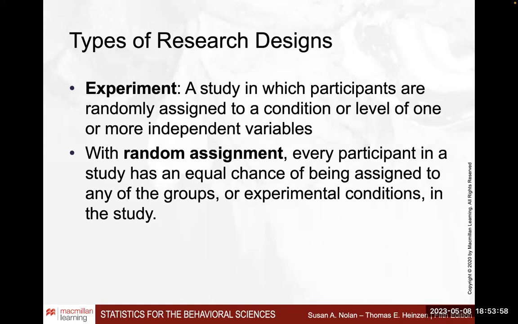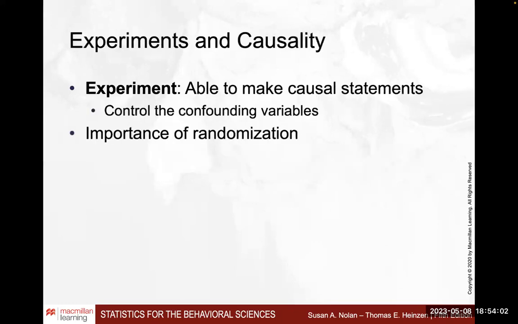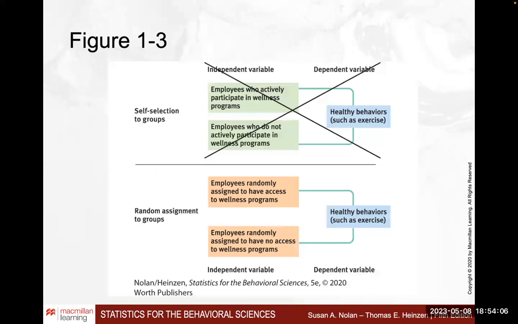So why do you want to randomly assign? Because if you have, for example, self-selected individuals into your groups, you will have a disbalance between employees with a health-seeking behavior compared to those that are very unhealthy. So this disbalance creates a disbalance in confounding variables.